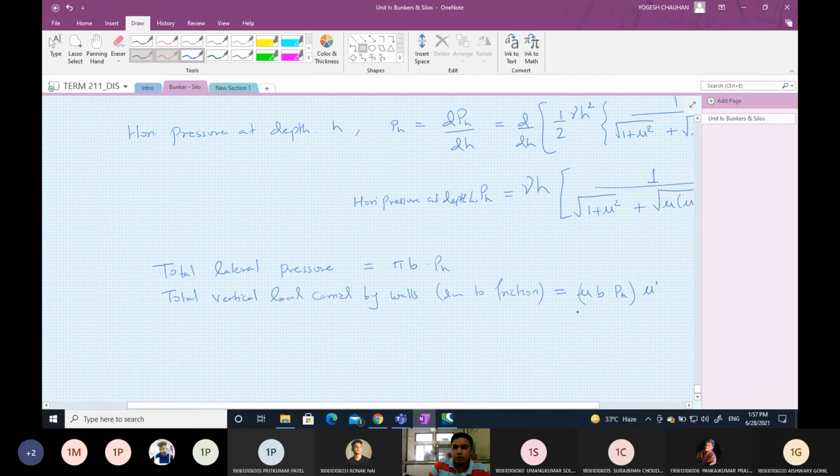Okay, so this is the total vertical load carried by the walls.